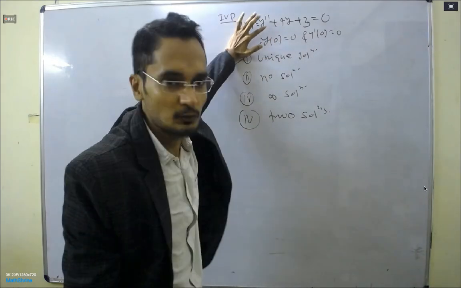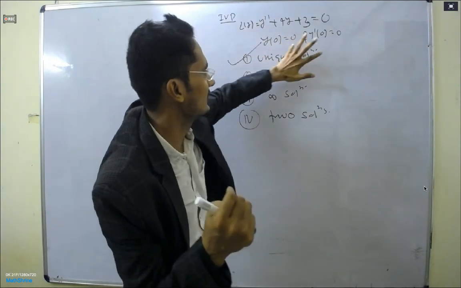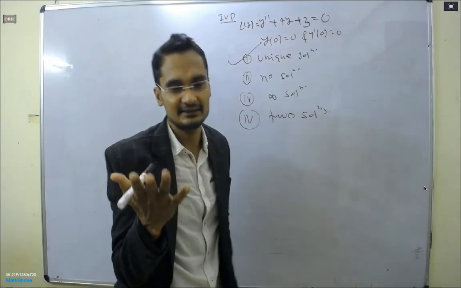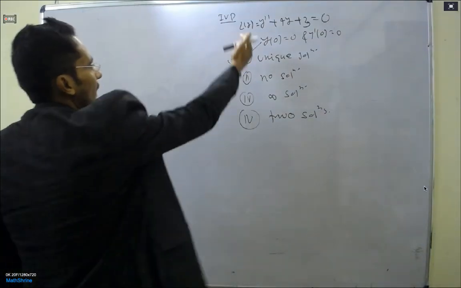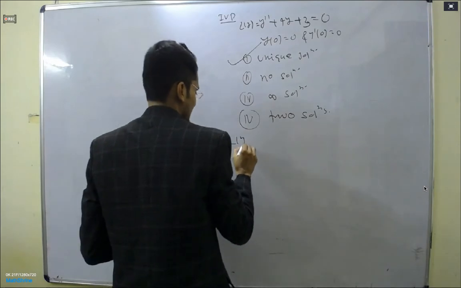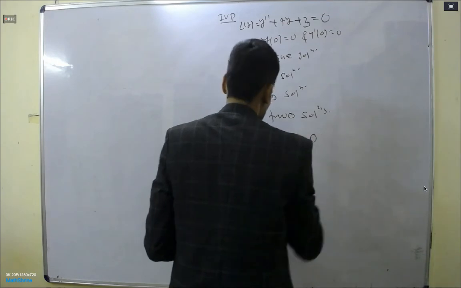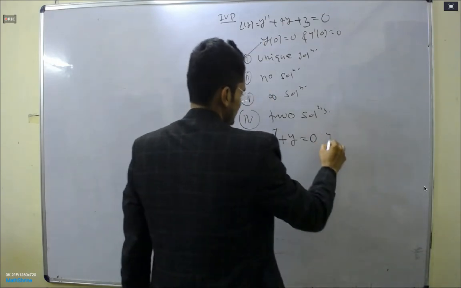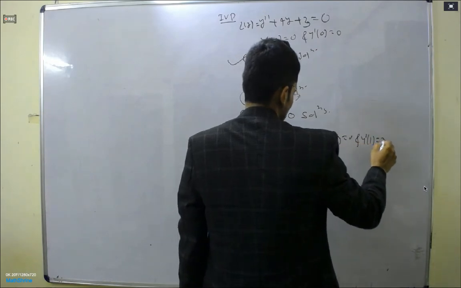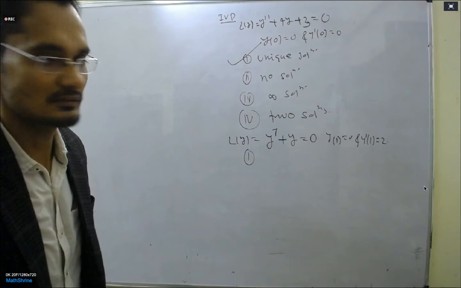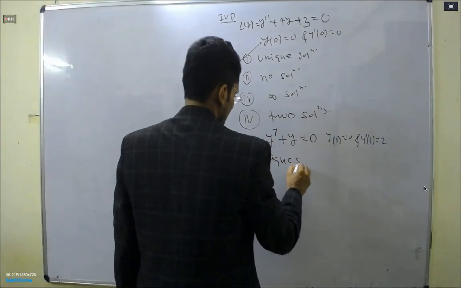Then: first, unique solution; second, no solution; third, infinite solution; fourth, seven solutions. Answer please. The answer is the first.